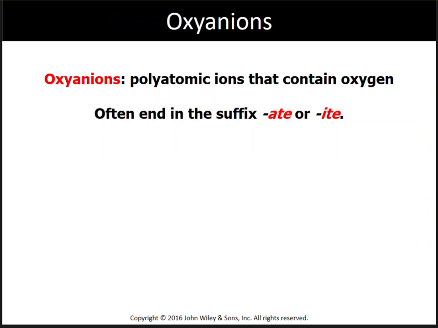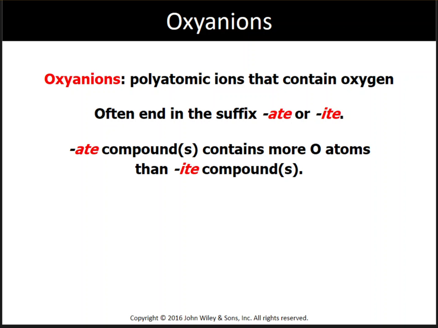Most of the polyatomic ions that you will see are oxyanions, and those are the polyatomic ions that contain oxygen. For naming these, if you have the most number of oxygens possible, the name of the polyatomic ion ends with "ate." And if you have one less oxygen, it ends with "ite."